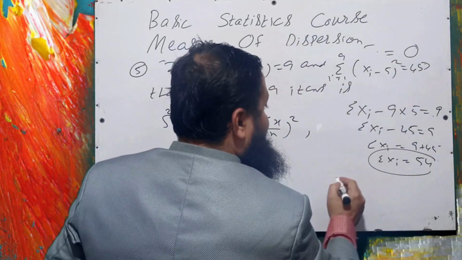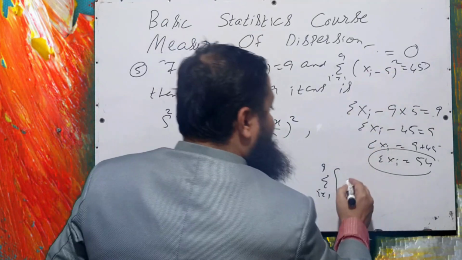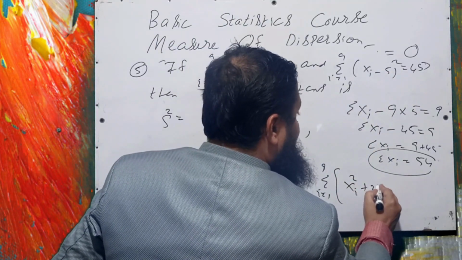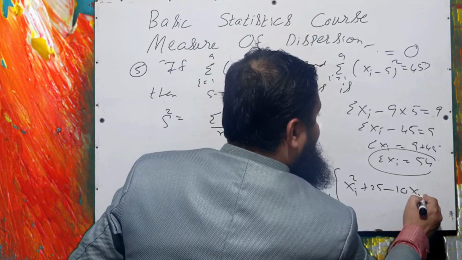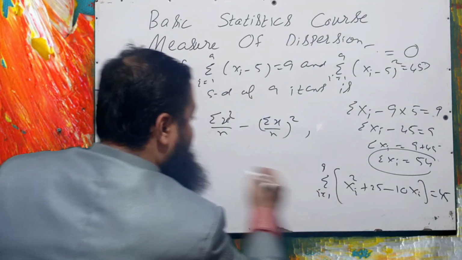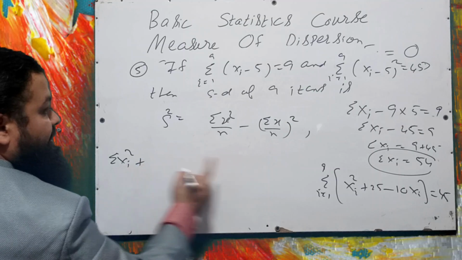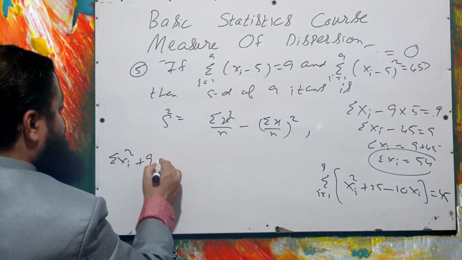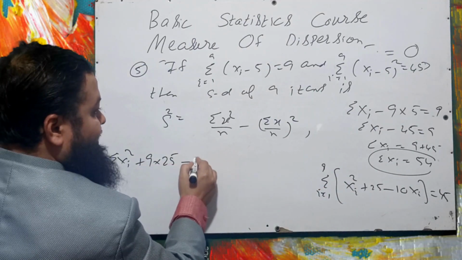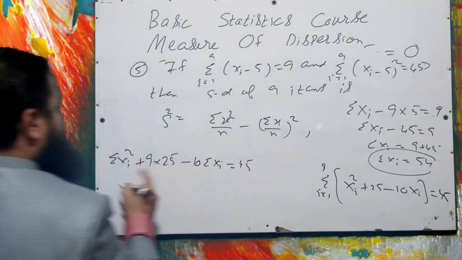Now the next information is summation i equals 1 to 9. We know (a minus b) whole square, so xi square plus 25 minus 10xi is equal to 45. Just apply summation inside. That will be summation xi square plus 9 multiplied by 25 minus 10 into summation xi is equal to 45.